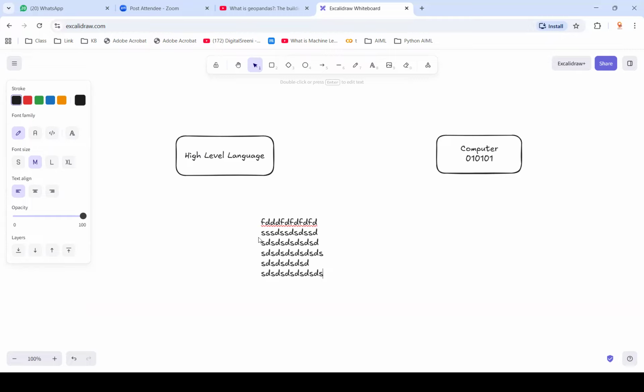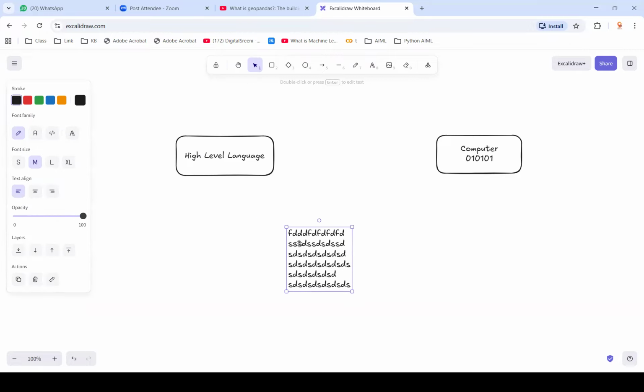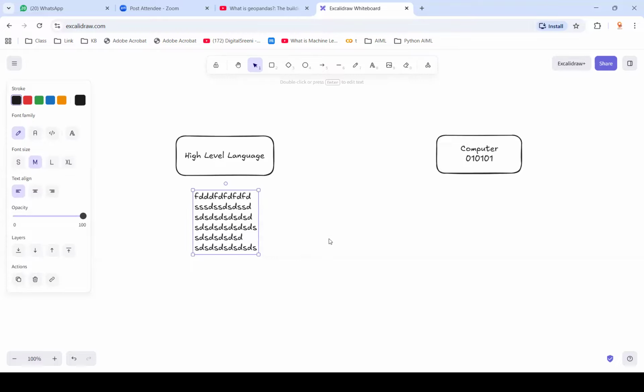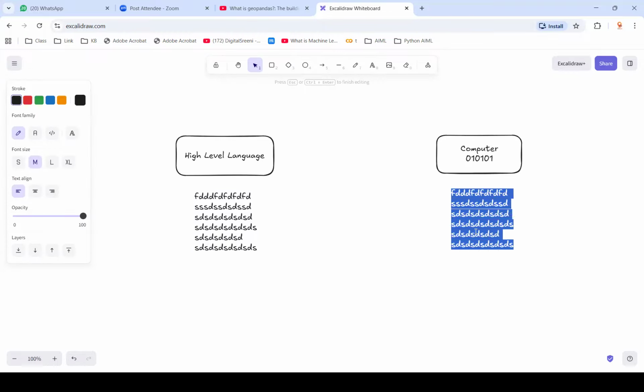Okay, you have written one program. Now we want to convert this program, because we have written it in high level language. So we need to translate this program to 010101. Then the machine or computer can understand.